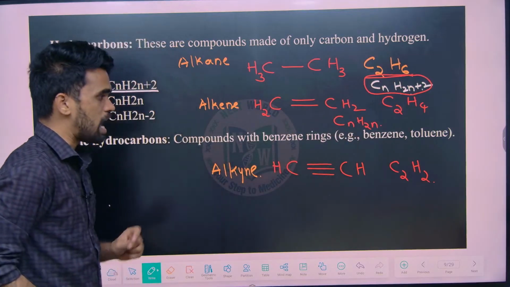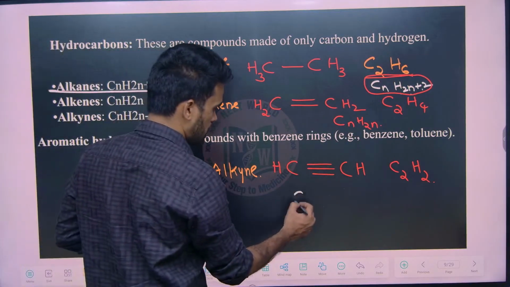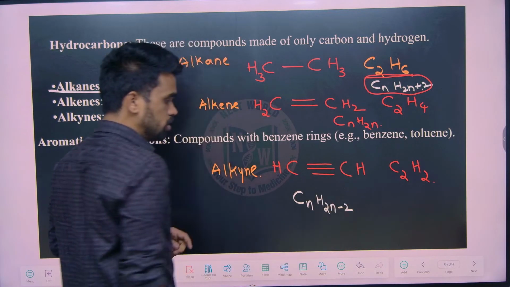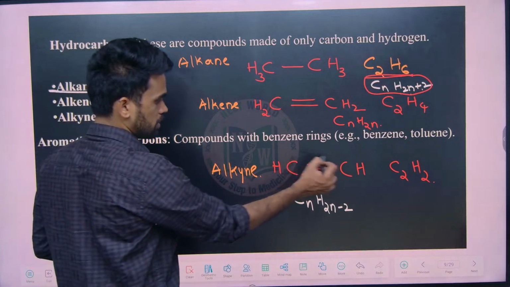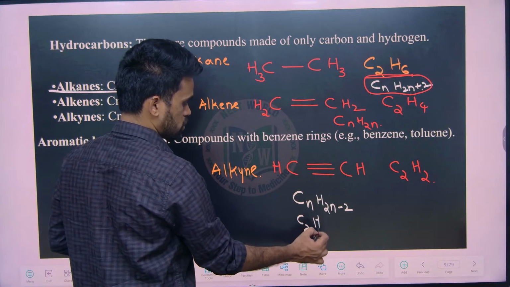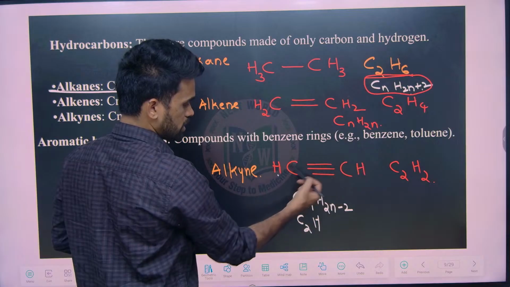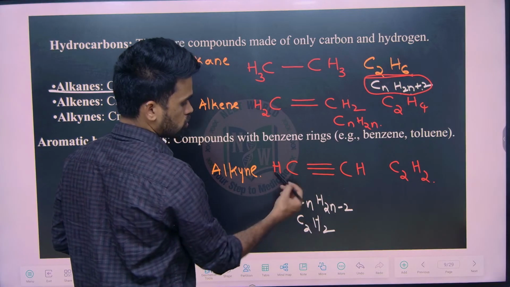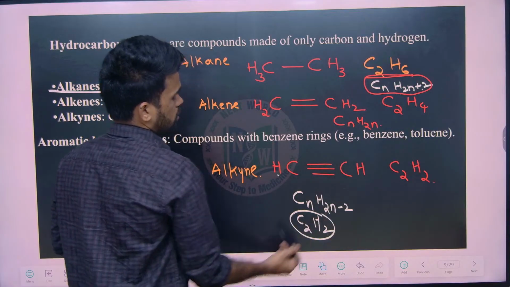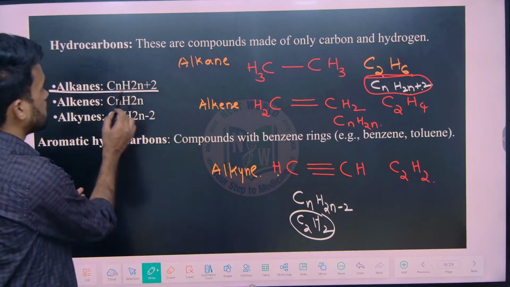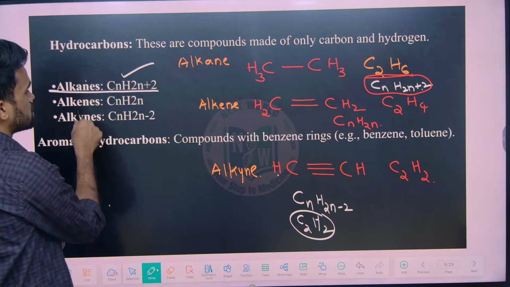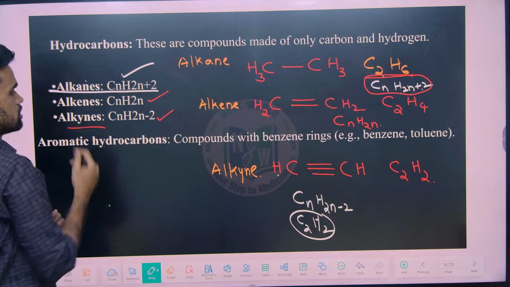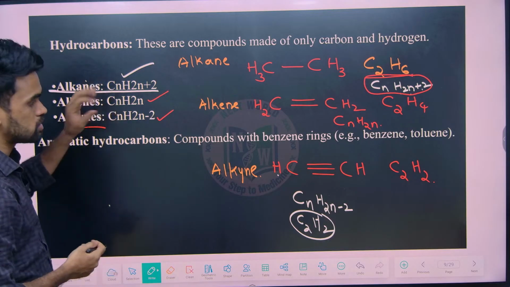When it comes to alkynes, they satisfy a formula like CnH2n-2. With 2 carbons, H is 2 times 2 minus 2, so 2 hydrogens. So the general formulas are CnH2n+2 for alkanes, CnH2n for alkenes, and CnH2n-2 for alkynes. Up to here it is clear.